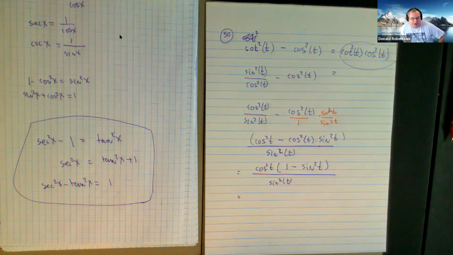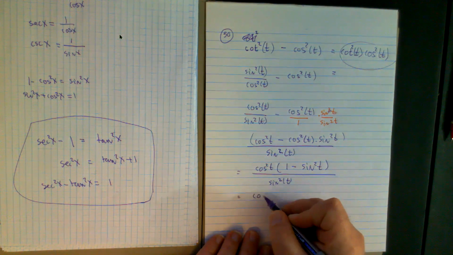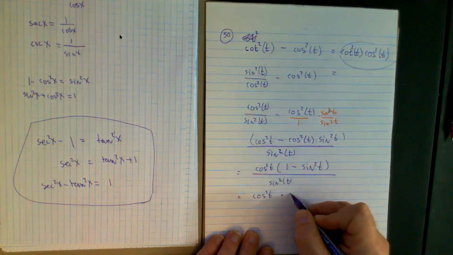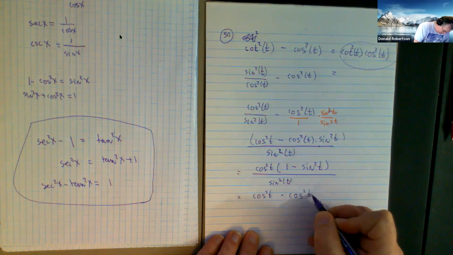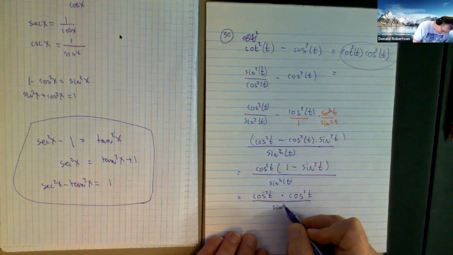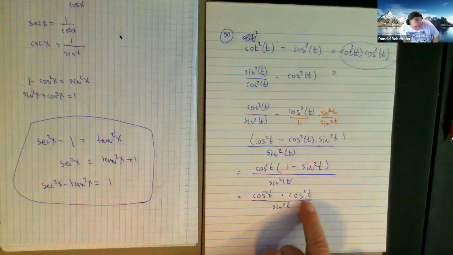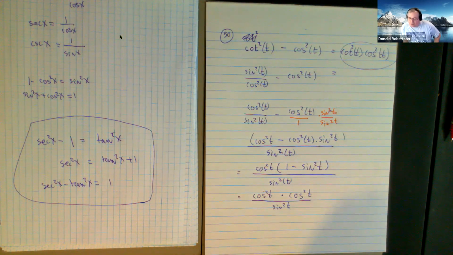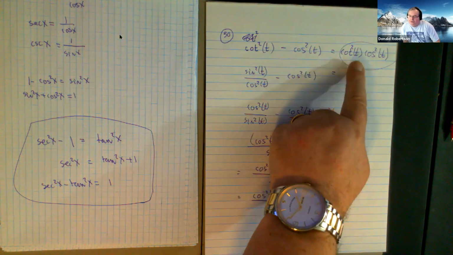Does anybody recognize that 1 take away sine squared t can be turned into somebody? It's also equal to cosine squared t. And now I'm going to stop my temptation of combining these two. Wouldn't it be quite tempting to just say cosine to the 4th t over sine squared, right? But I'm not, because I know what the answer should look like.